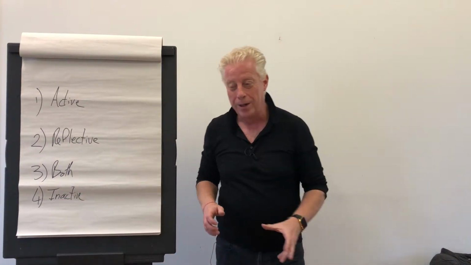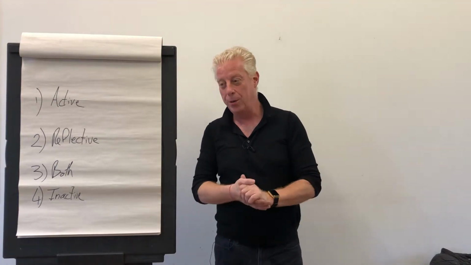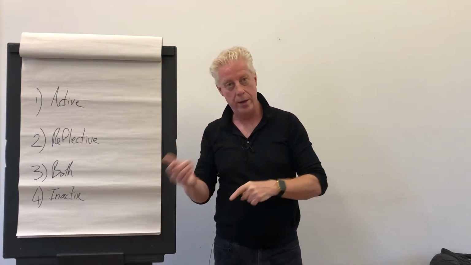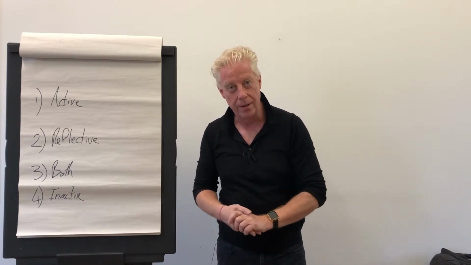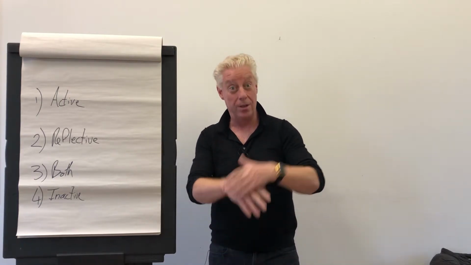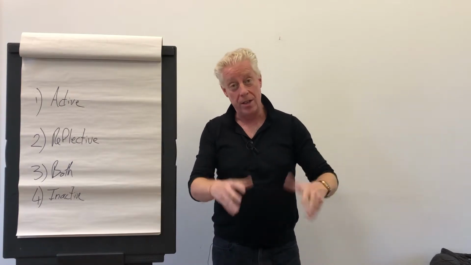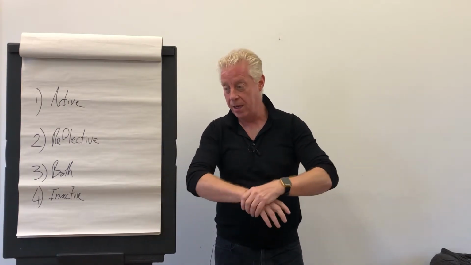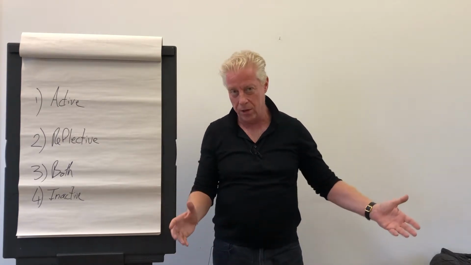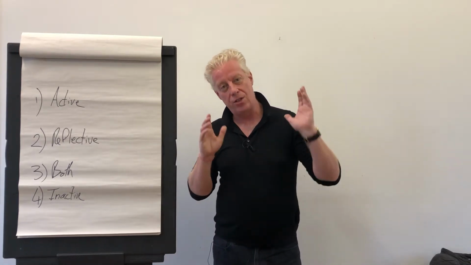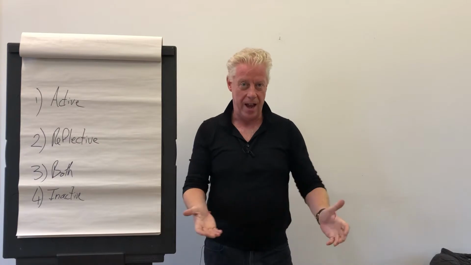number 4 would be the person that goes, when you say act, what do you mean? This is the person that literally procrastinates, is in the studying of the situation, the circumstances, all of the consequences, and gets stuck there and doesn't act.